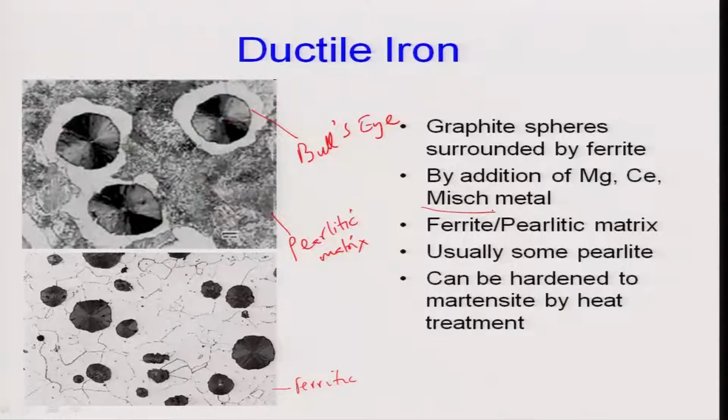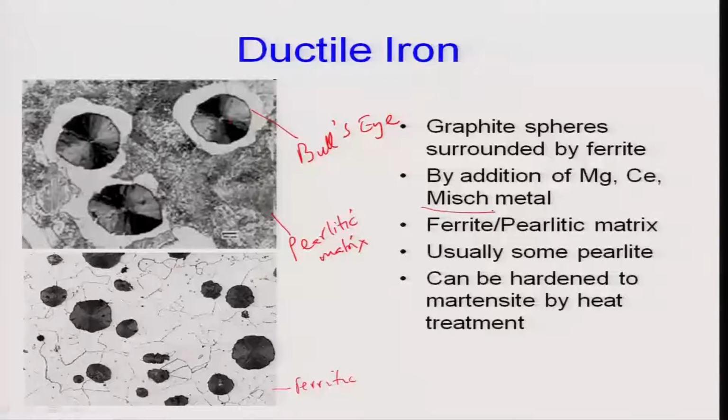In earlier days magnesium used to be the main material in which this conversion from flaky graphite to circular graphite happened, and this was done in a George Fisher converter.